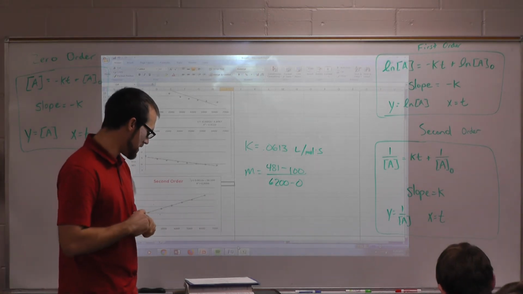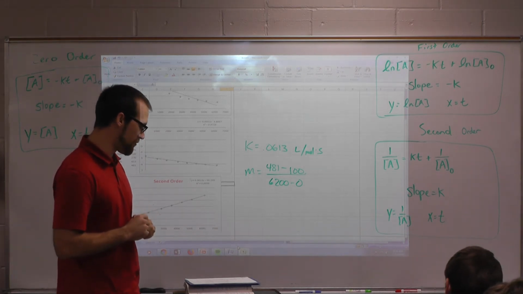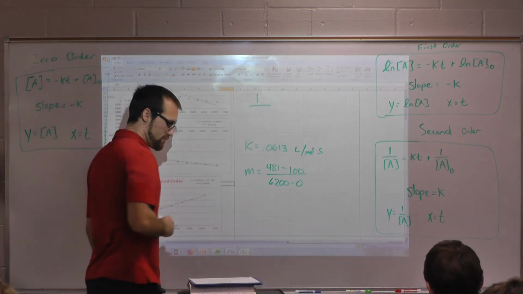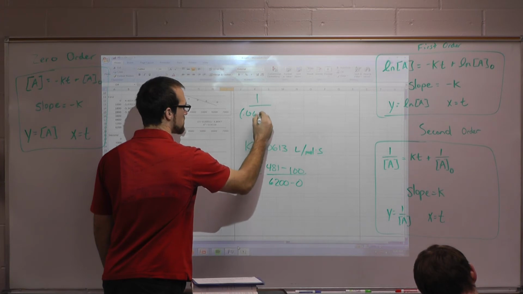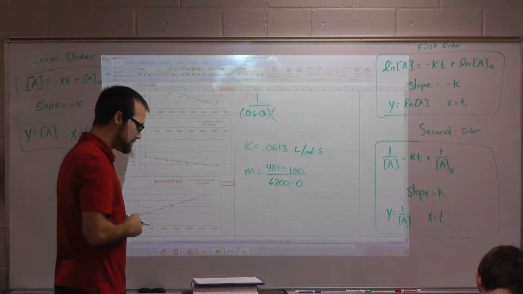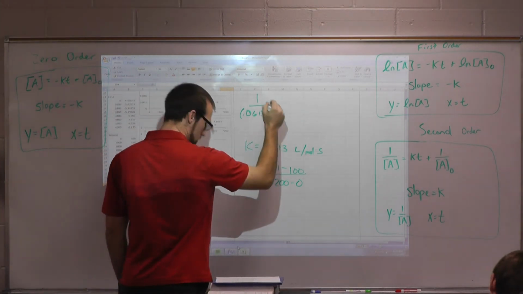Okay, and then C wants half-life. Since it's a second order reaction, we need the half-life for second order, which is 1 divided by your K, which is 0.0613, times your initial concentration, which in this case is 0.01.